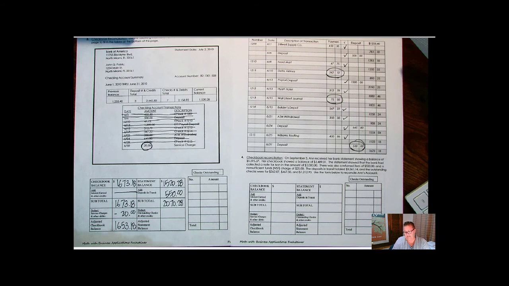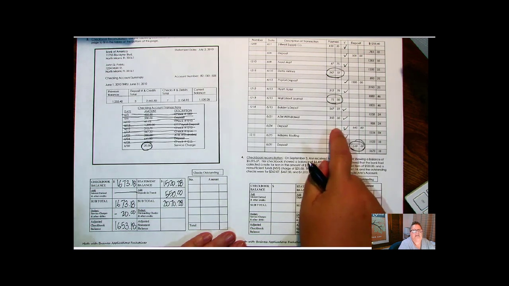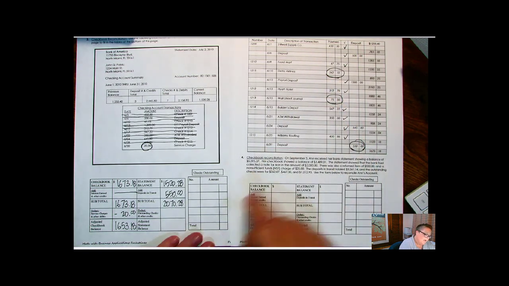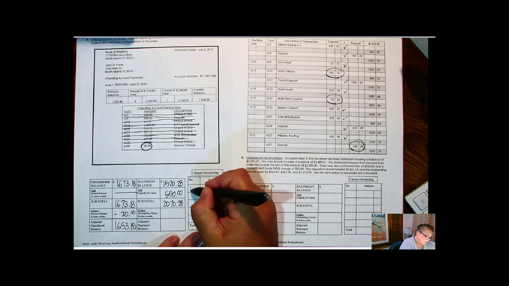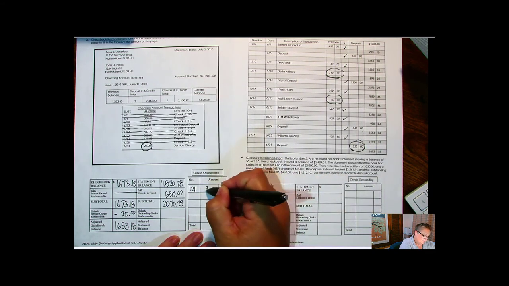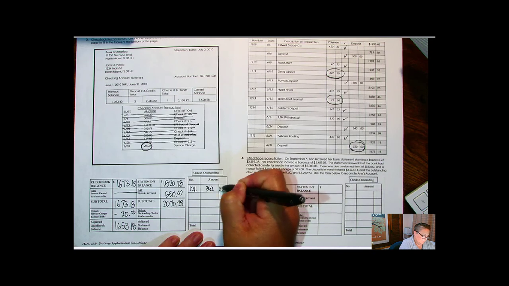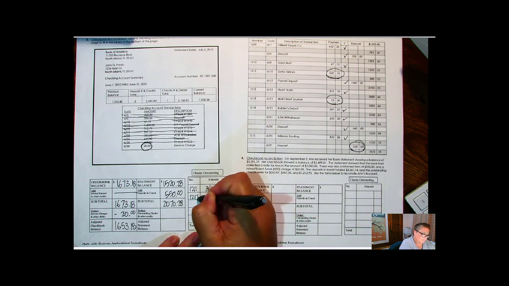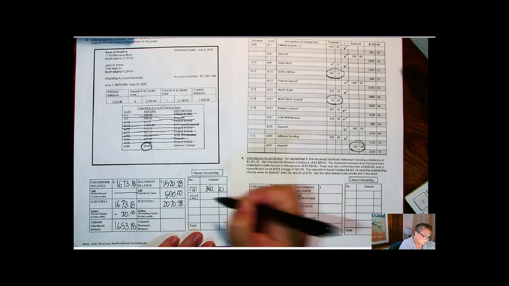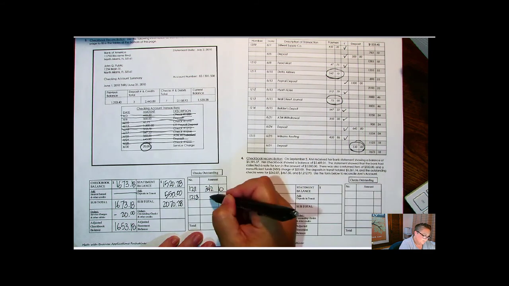Now, the next column is the outstanding checks, which need to be deducted from the account. So, are there outstanding checks, checks that have not yet been deposited and or taken out of your account? Absolutely. I have two of them. I'm going to put both of those, check number 1211 for $342.10 and check number 1213 for $75.